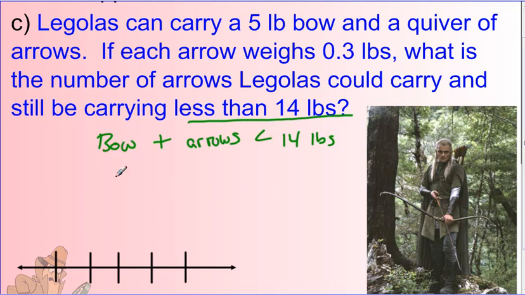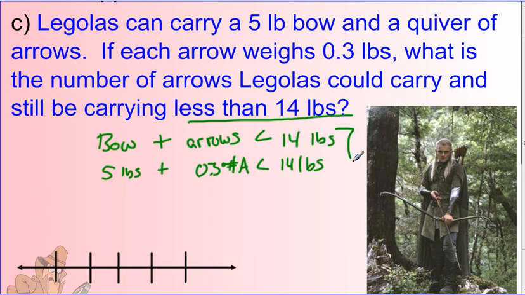Okay, his bow was 5 pounds. His arrows are 0.3 pounds each. Each arrow is that, which means that times the number of arrows. I'll put number of arrows. We want that to be less than 14 pounds.